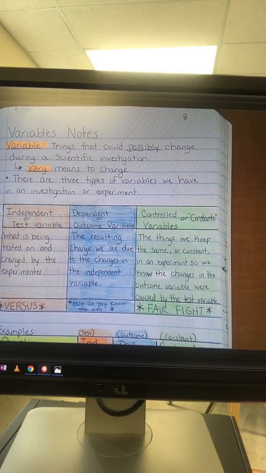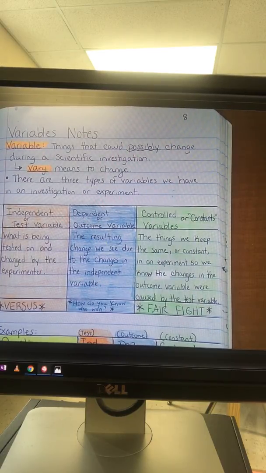The independent or test variable is what is being tested in your experiment. You're looking at your testable question, you've made your hypothesis, and that is what you are changing in your experiment from test group to test group. I'll clarify that a little later.